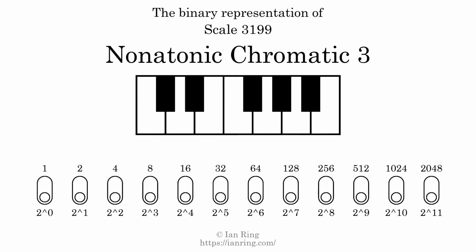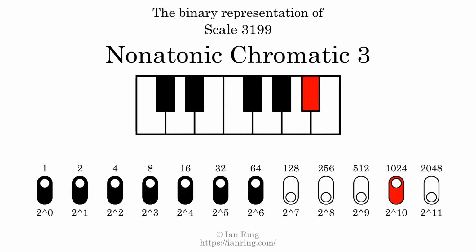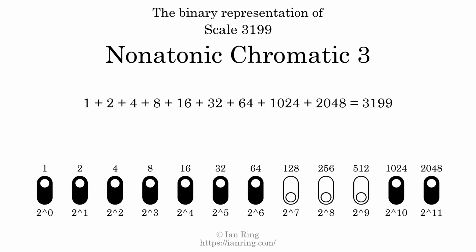The binary representation of this scale is determined by mapping tones of the scale to binary digits. Each binary digit represents a power of 2. To get the scale number, we add the powers of 2 together. The powers of 2 that are present in the scale, all added together, equals 3199.